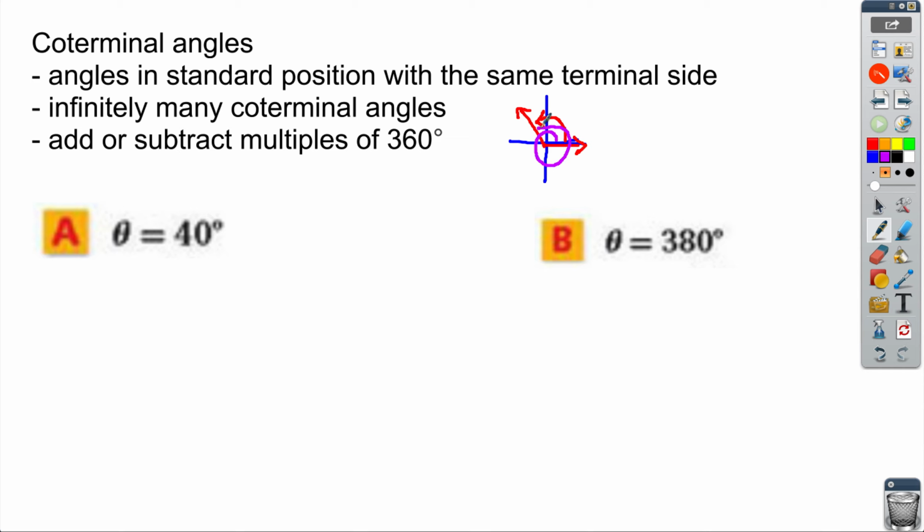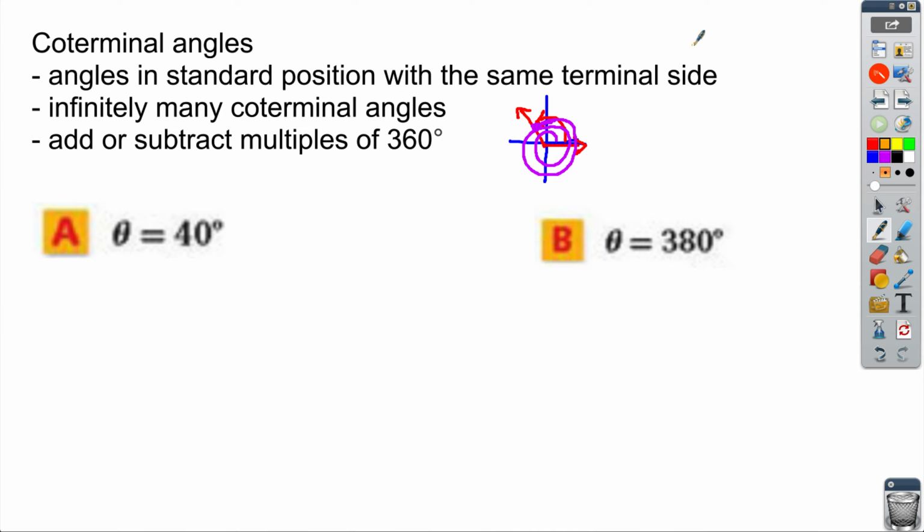Did you see that? But that's only one of the possible coterminal angles. I can also produce another rotation and still end on the same terminal side. So those are coterminal angles. There could be two or more or infinitely more coterminal measures.